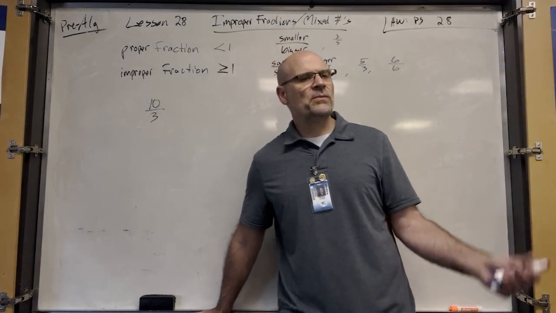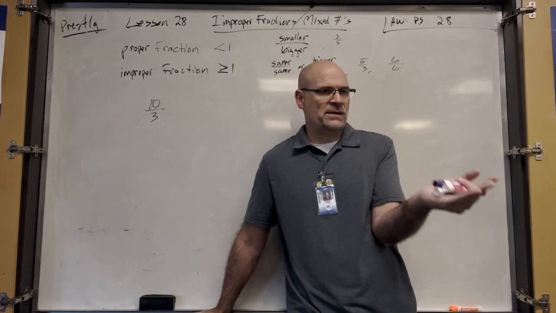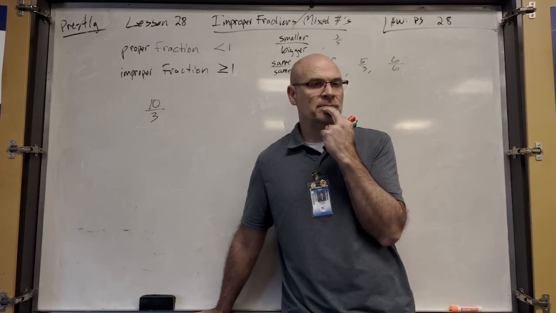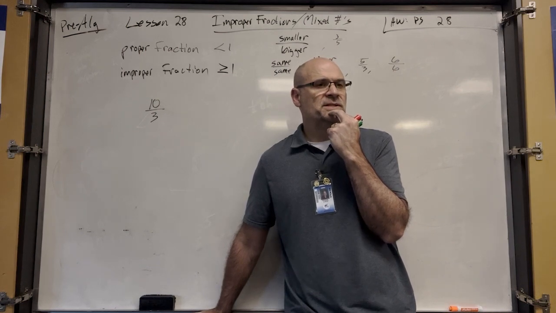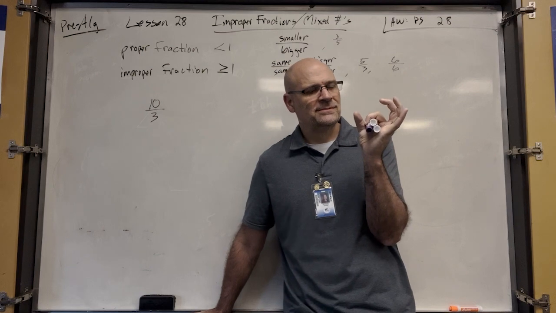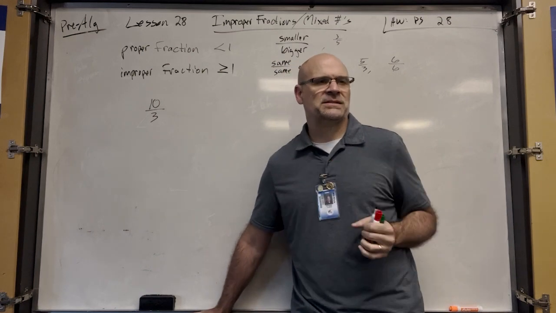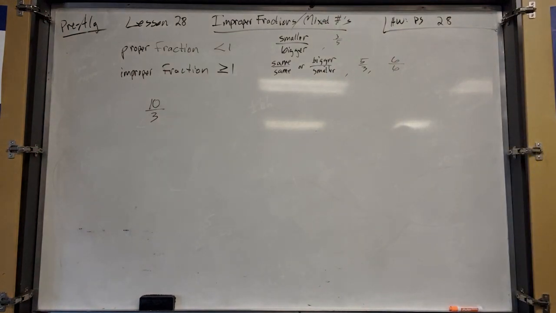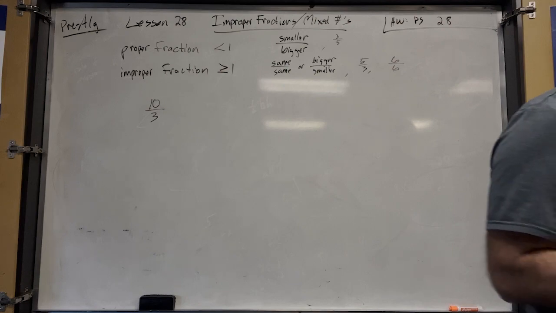So here's what I want to do. This is an improper fraction, right? Because it's top heavy. The bigger number's on top, right? So how would I explain this using pizza? How to change this to a mixed number? 10/3. So let's say the pizzas were those little personal pans and you cut them into thirds.